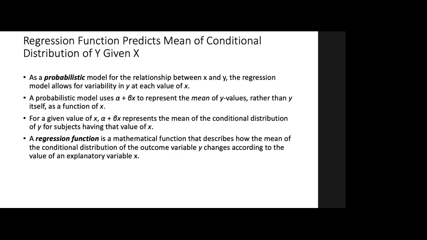That is typically not the case, right? Especially not in psychology or neuroscience. So in all applications, we are talking about a probabilistic model for the relationship between x and y. That means that our regression model allows for variability in y, in our outcome variable, at each value of x. So our actual or observed outcome values will vary around these, spread around the predicted values.